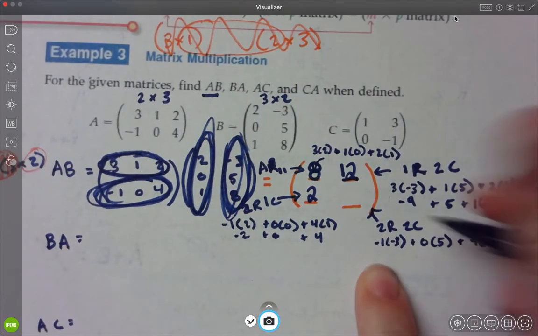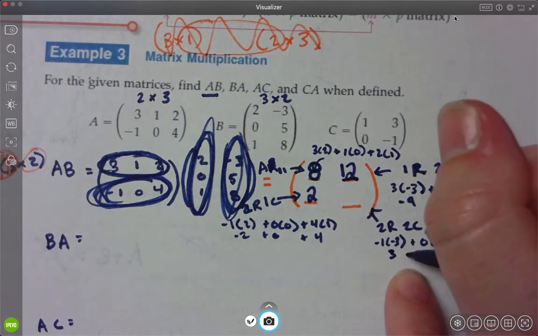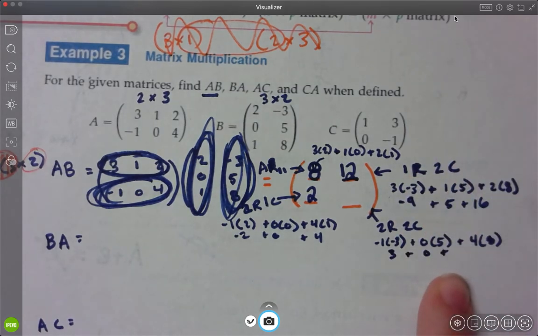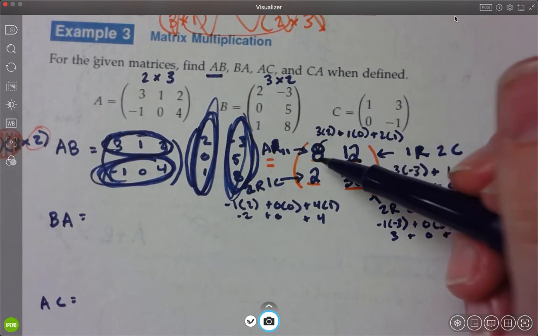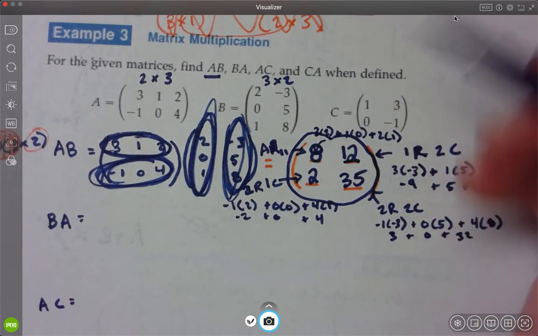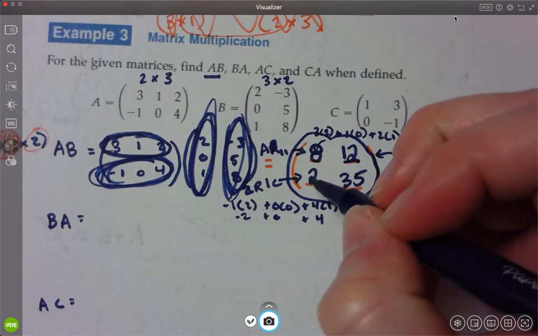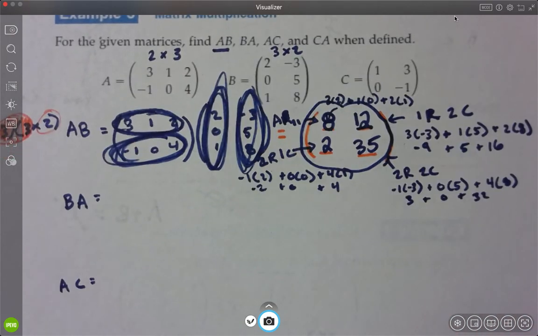Negative 1 times negative 3 is going to be positive 3, plus 0, plus 4 times 8 is 32. So 3 plus 32 is 35. My entire answer is this 2 by 2 matrix: 8, 12, 2, 35 is what it will look like.